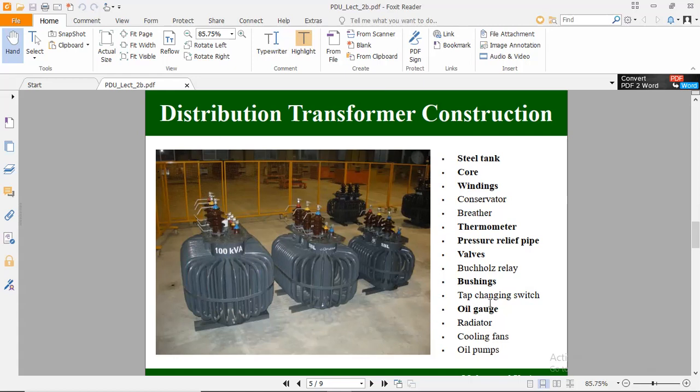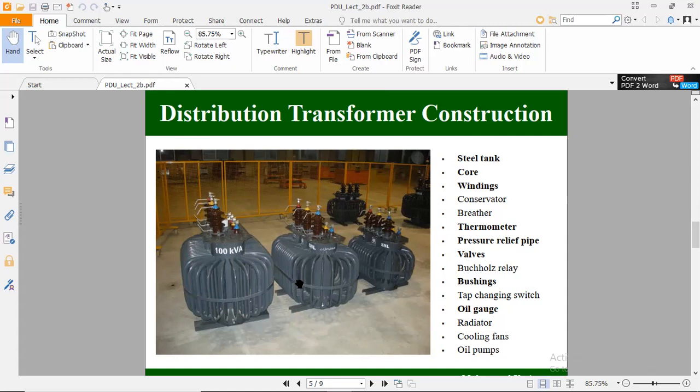Now tap changing switch. Tap changing switches are a type of mechanical switch which operate in two modes, that is off load tap changers and on load tap changers. By the name, on load tap changers operate when the load is on, and you change the tap of the transformer while providing the load.